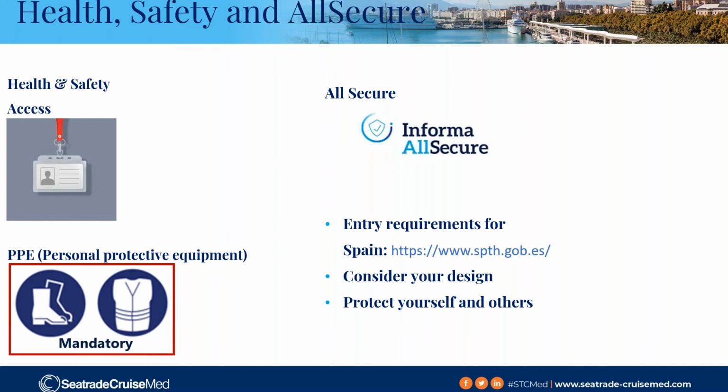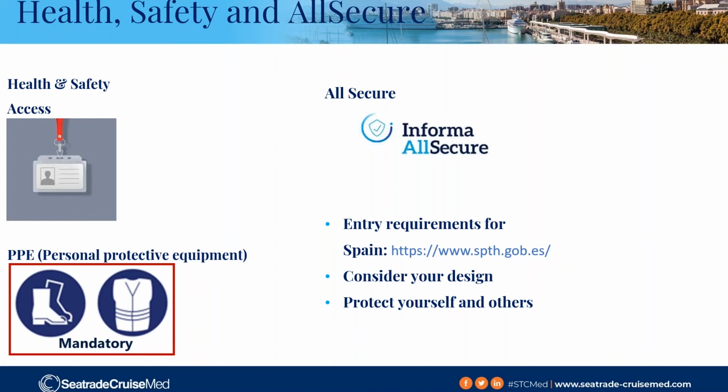The next thing I wanted to touch upon is the Informa All Secure. So Informa All Secure are the guidelines for an enhanced health and safety standard that Informa Markets developed after COVID-19. It is not obligatory, they are just guidelines, but we always recommend that, of course, you always check your entry requirements for the country you're going to.